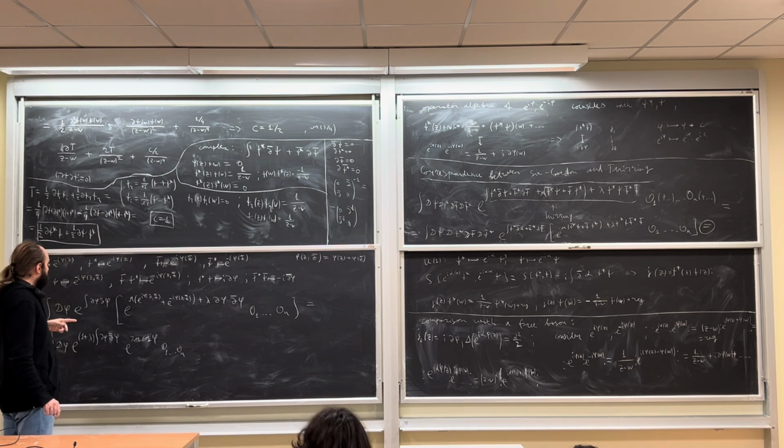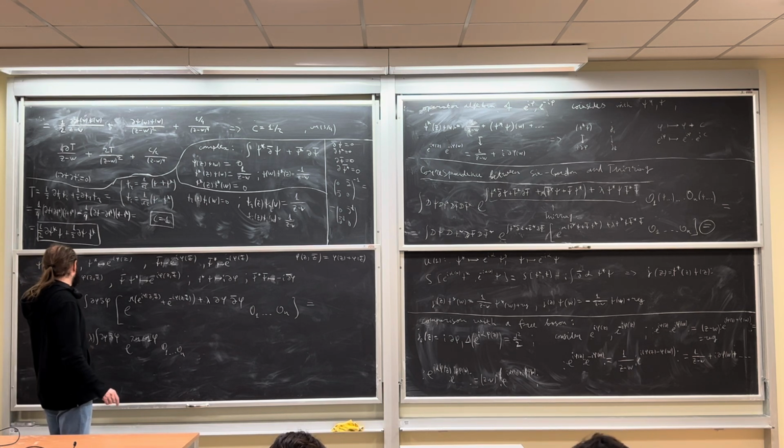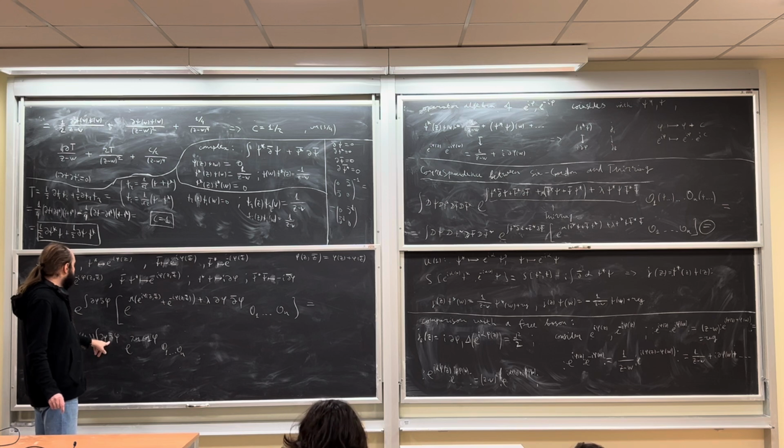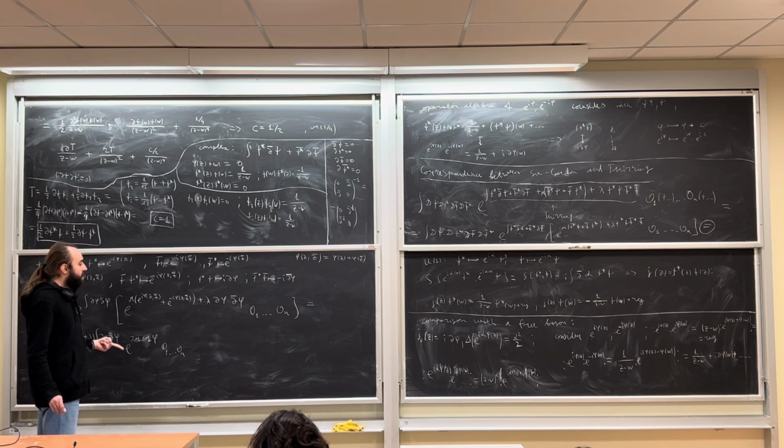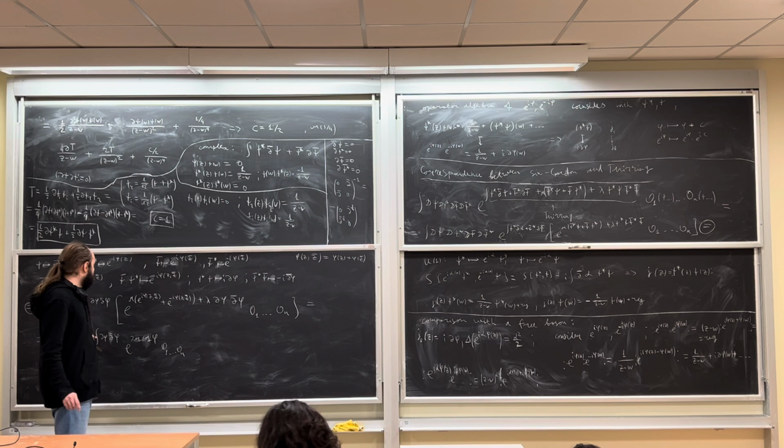Now if you want to make this field canonically normalized, we can divide it by the square root of 1 plus lambda.